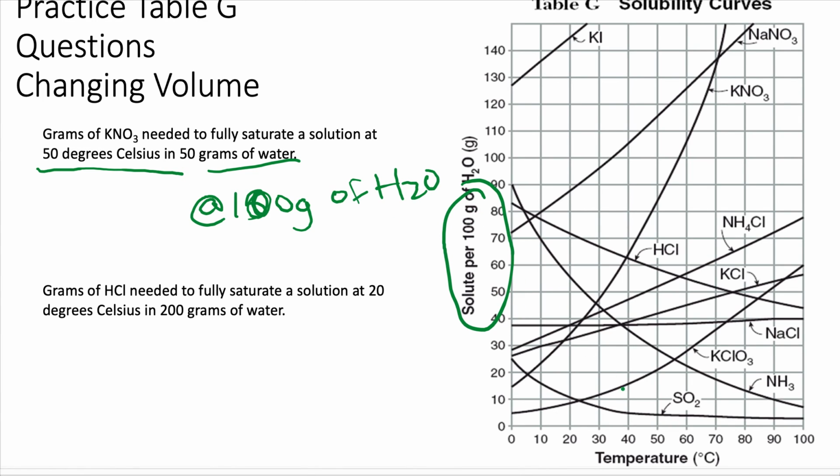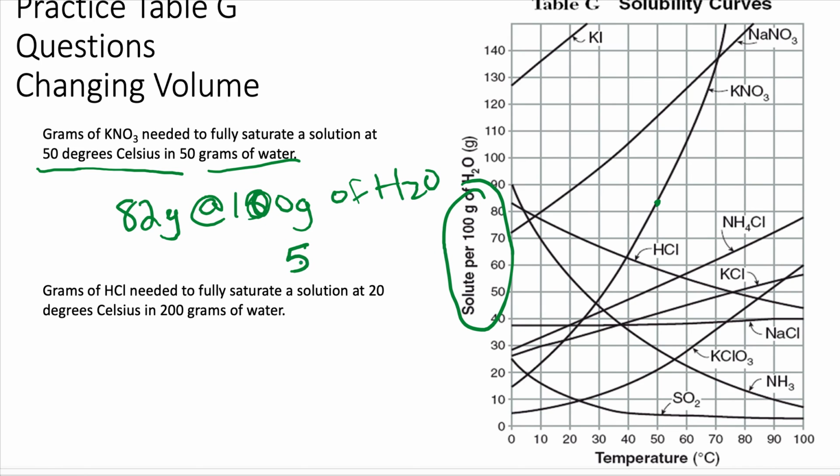So we go to 50 degrees to KNO3. Sorry, I went way up there. So this is like 82. So this is saying it takes 82 grams. Double check that. Yep, 82 grams to dissolve at 50 degrees Celsius in 100 grams of water, because that's what the graph says.